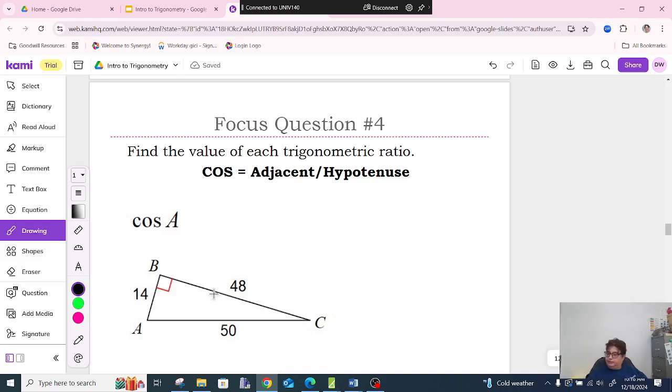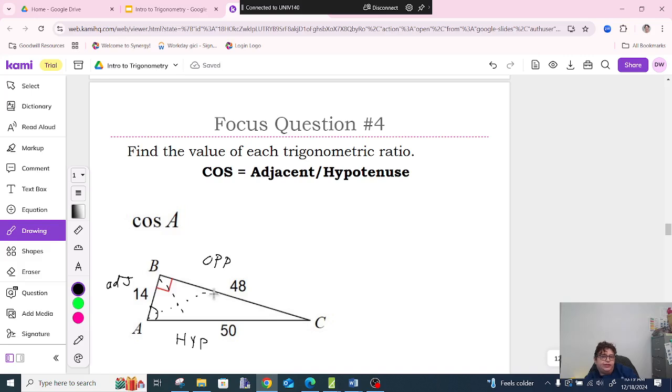So did you all get the right answer, you think? Am I ready to put it down? Simplify. So here's A, right? So this is opposite. This here is hypotenuse. And then this one here is adjacent.